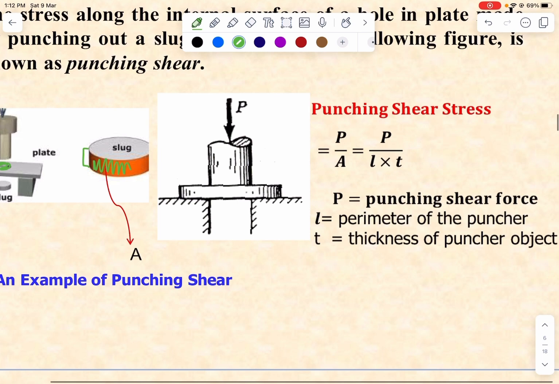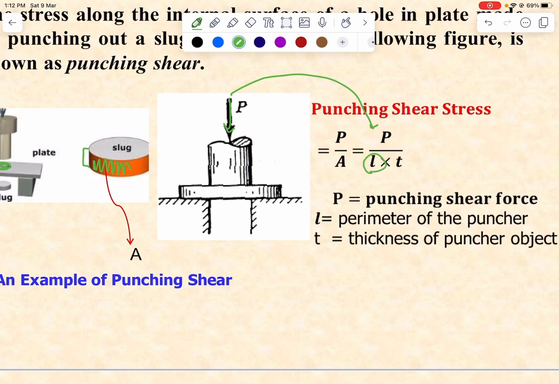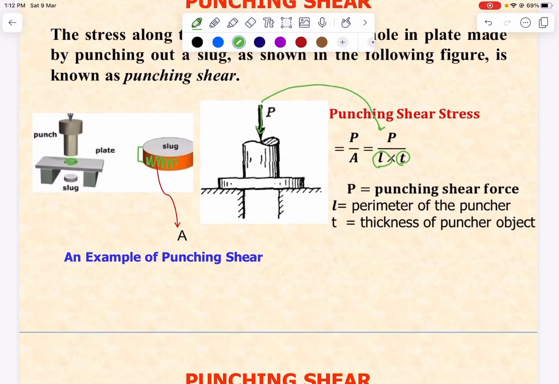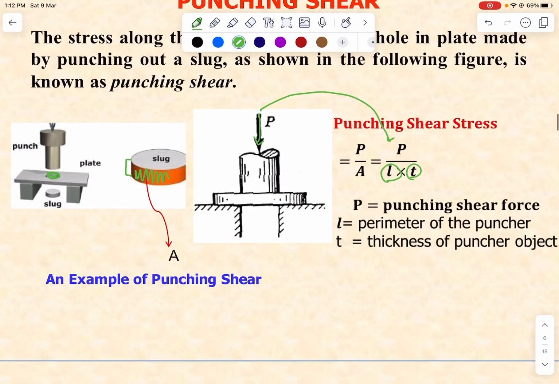So here the punching shear force is gonna be يعني هو نفسه ال P, ولكن ال area it's the length times the thickness. Length is the perimeter or circumference of the puncture.